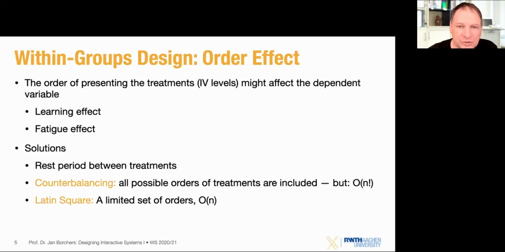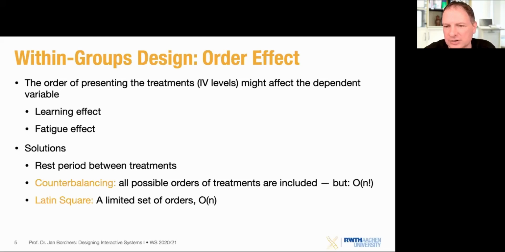So there's a trick that people do that is called the Latin square, and you've maybe heard about the Latin square in school mathematics or something. It's basically a simple algorithm that gives you a couple of permutations of your original order of conditions.